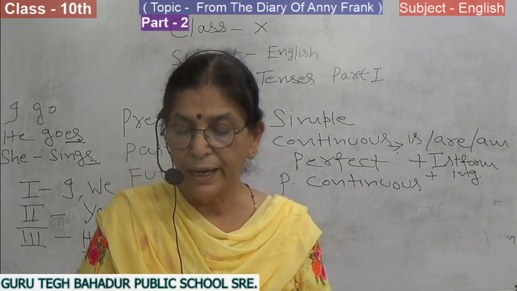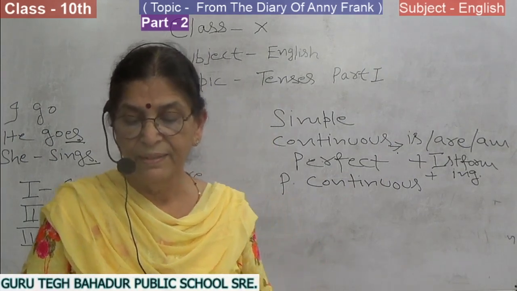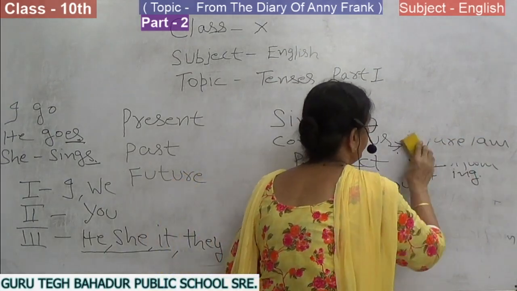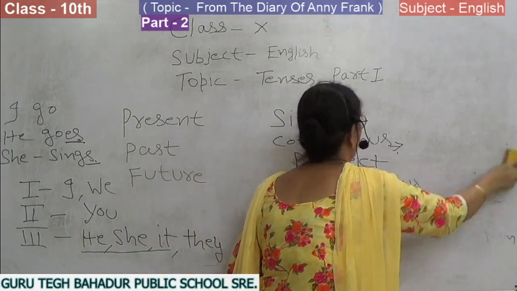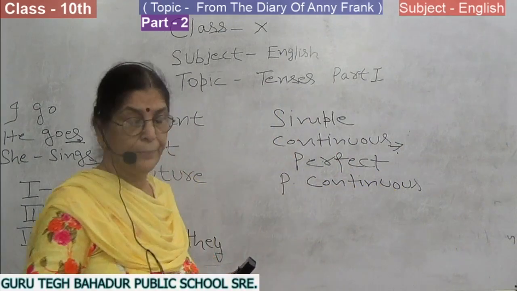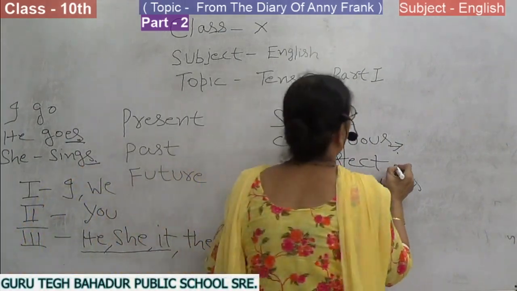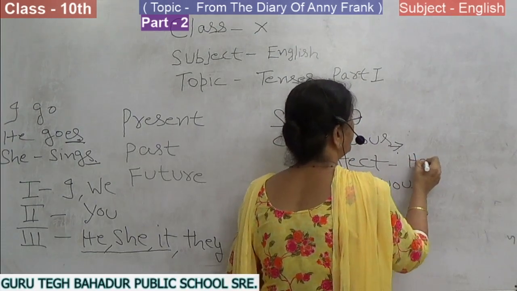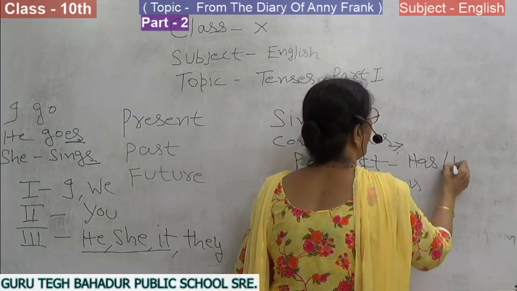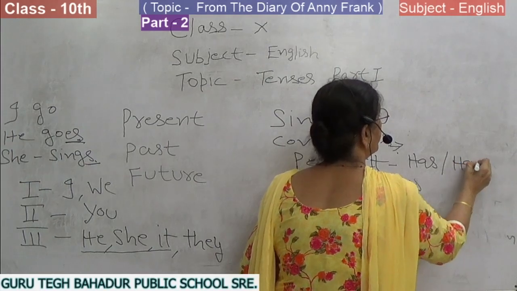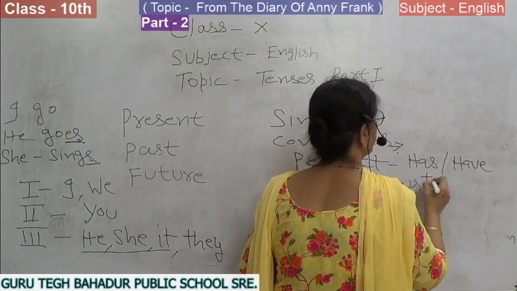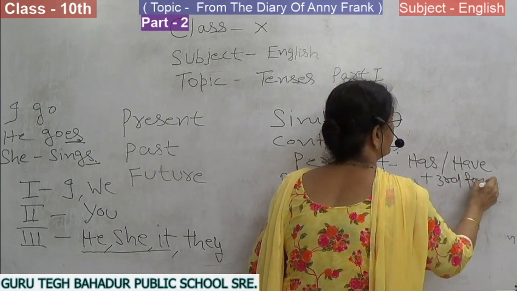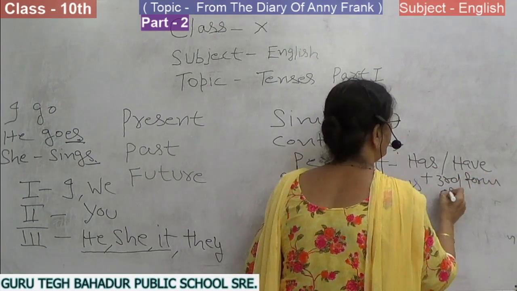Then we come to the third form of present tense, that is the present perfect. Now we turn to the present perfect. Here the helping verbs which are used are has, have, plus third form of verb.